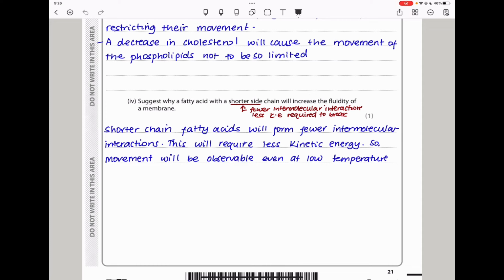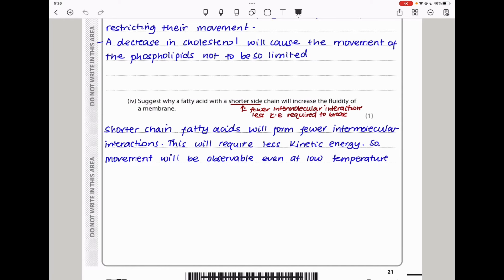And those forces being fewer, it means they're easily broken. Therefore, the whole membrane is going to move due to the shorter side chain. So I say the shorter side chains of fatty acids will form fewer intermolecular interactions. This is very important. And this will require less kinetic energy, so movement will be observable even at lower temperature.